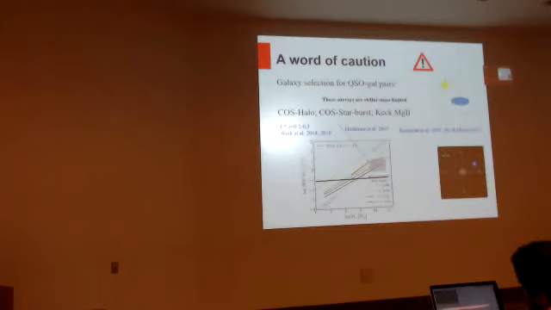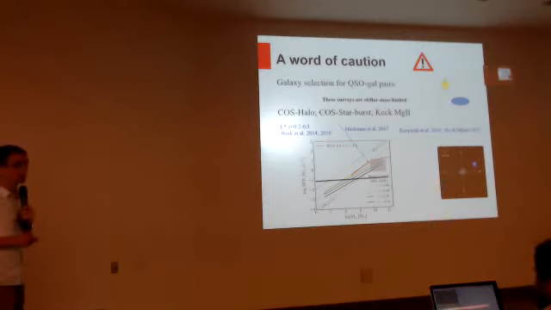I would like to end with a note of caution, which is that all our survey is an absorption line selected survey, whereas most other surveys for galaxy quasar pairs are galaxy selected surveys. So they start with a sample of galaxies, and then they look at the quasar that is the nearest quasar within 150 kpc or so. The Costello, Burst, and the program by Kristen Martin.